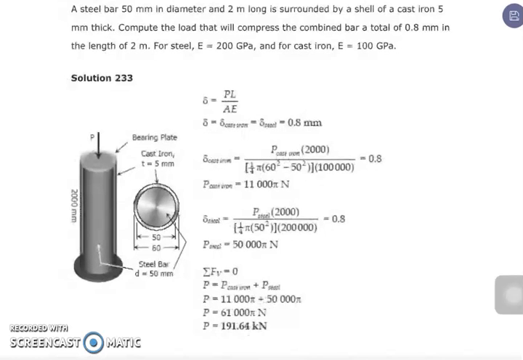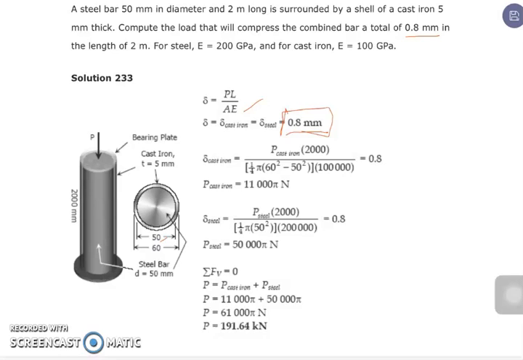Of course, we're going to make use of our equation, which is deformation equal to PL all over AE. Based on our given problem, our deformation is equal to 0.8 mm, and the deformation on the cast iron is equal to the deformation on the steel, and that is equivalent to 0.8 mm.